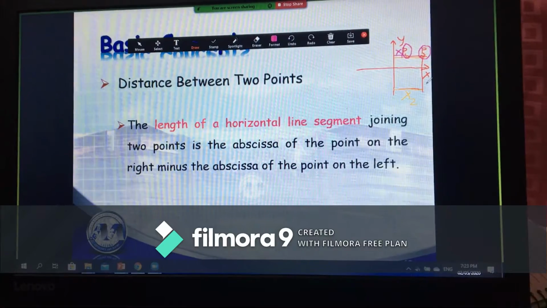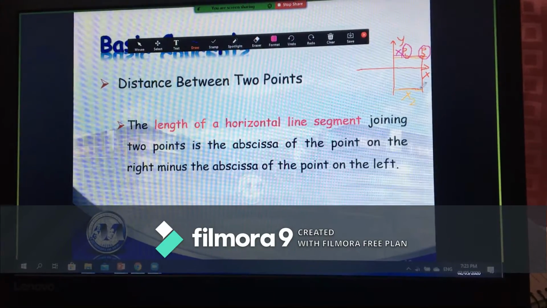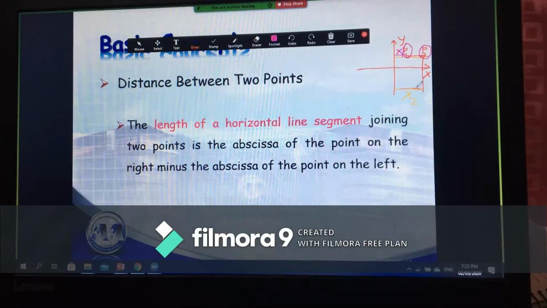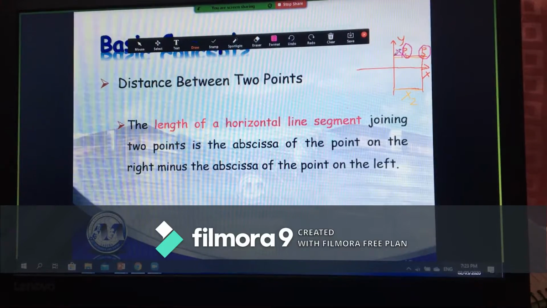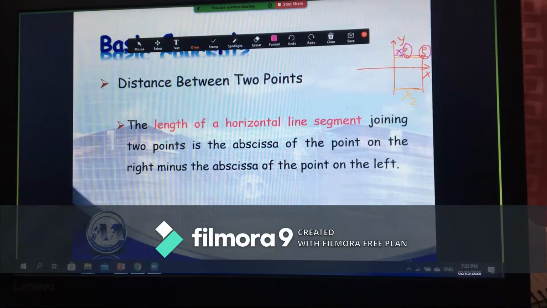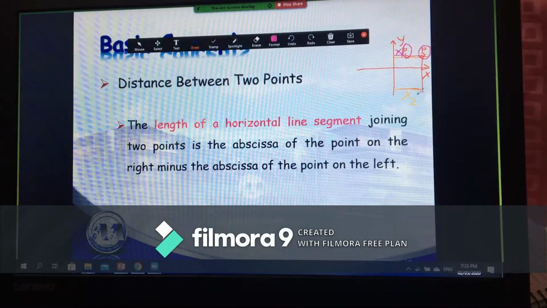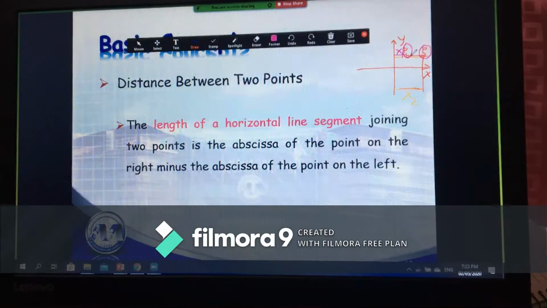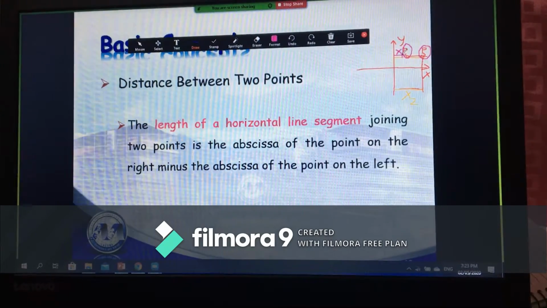The abscissa of P2 is x2, right? This is it. It means the distance from the y-axis to that point. That is the abscissa, which is x2. Now the abscissa of the point on the left, which is P1, is x1.